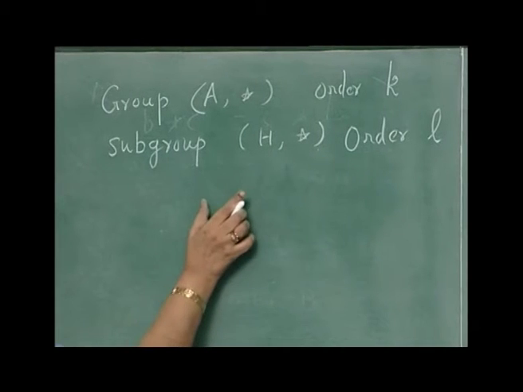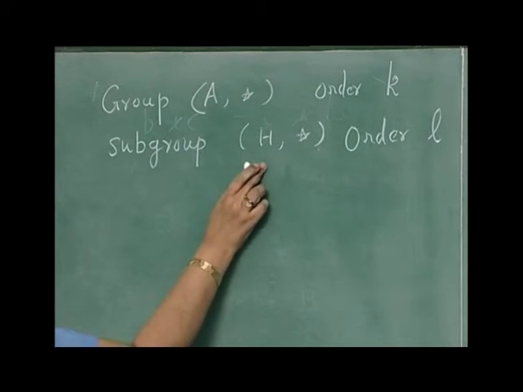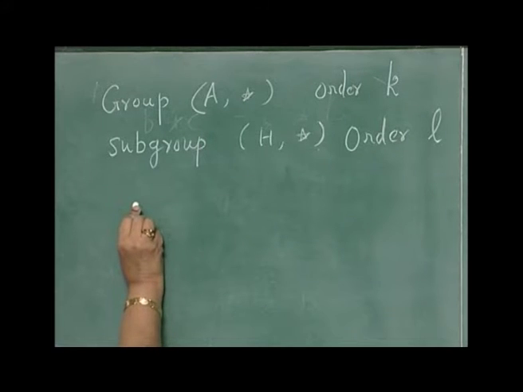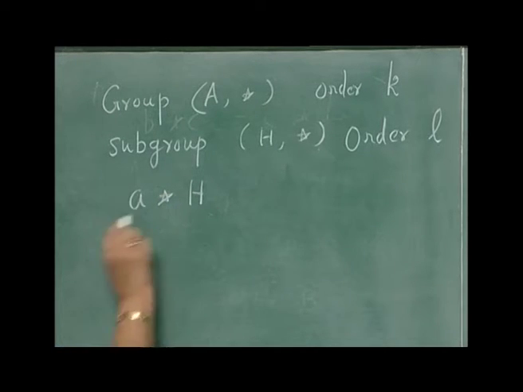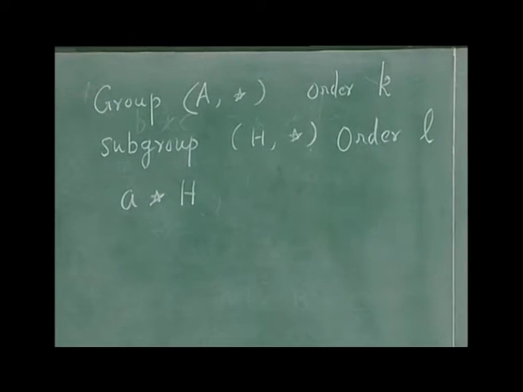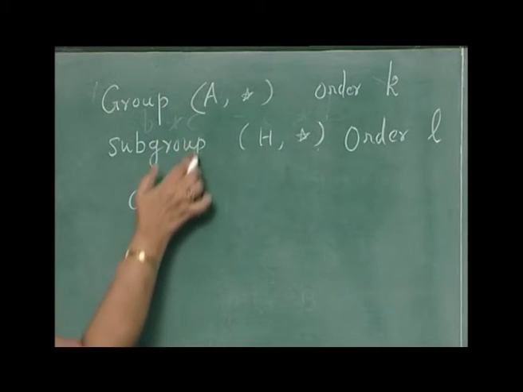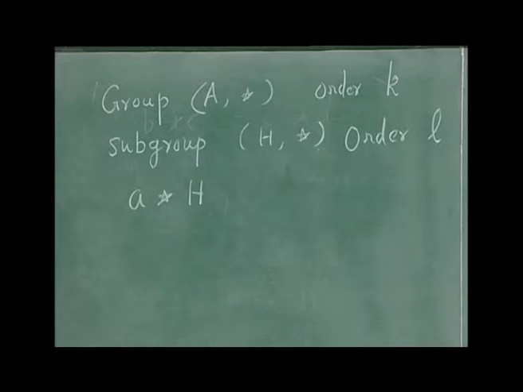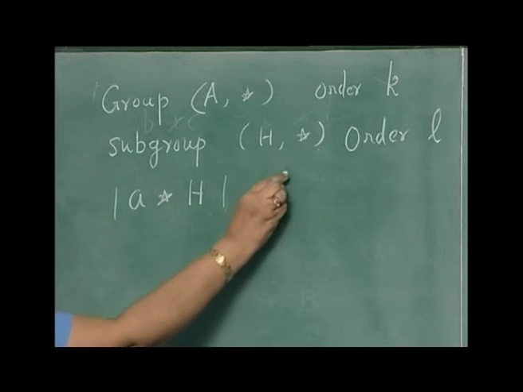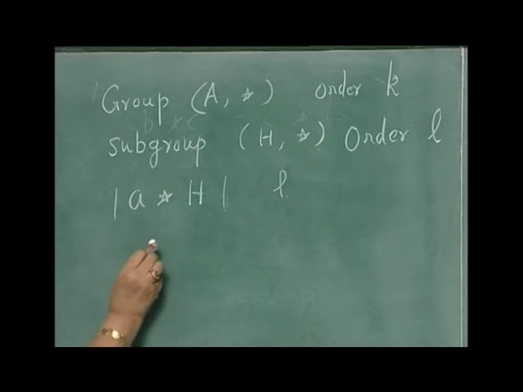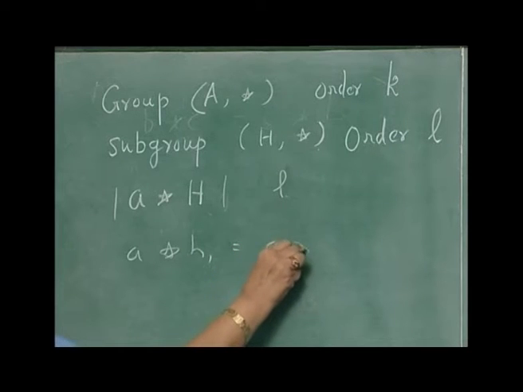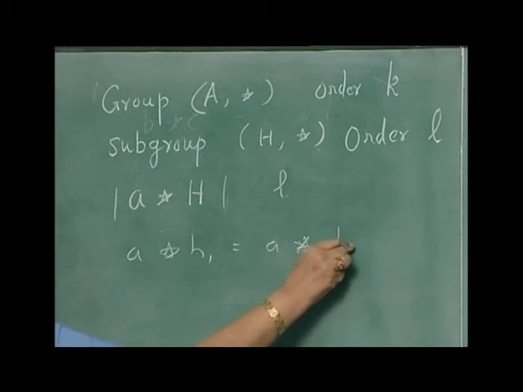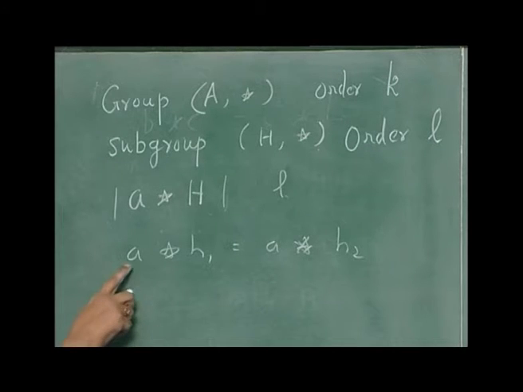Now, if you consider the left cosets of this with respect to each element, what can you say about the size of this set? This is a subset of A, and the size will be L, because you cannot have some A star H1 equal to A star H2, because of left cancellation, H1 and H2 would become equal.